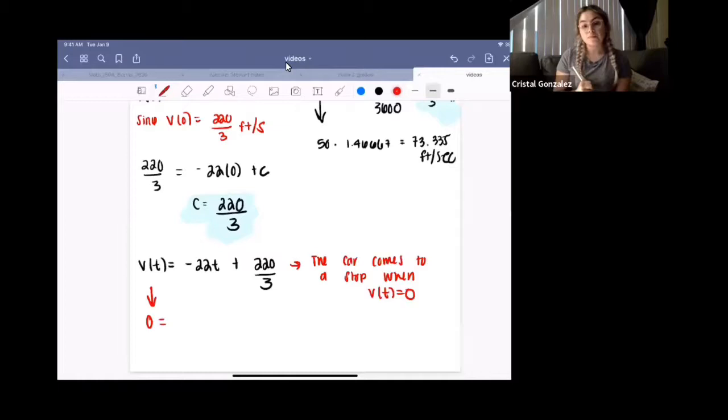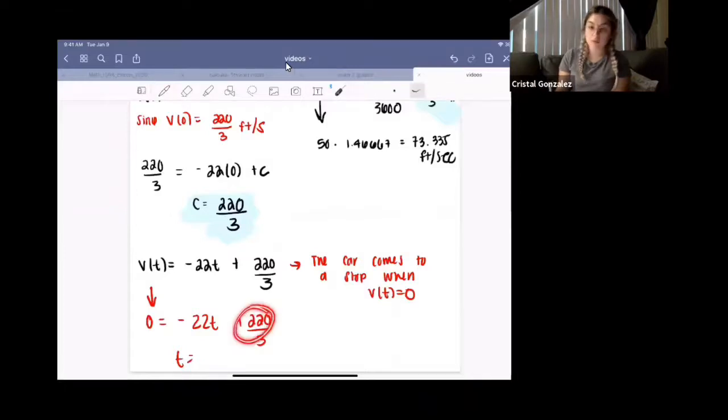So we get 0 is equal to negative 22t plus 220 over 3. And so now what we need to do is solve for t. So if we solve for t, we're going to move the 220 over to the other side.